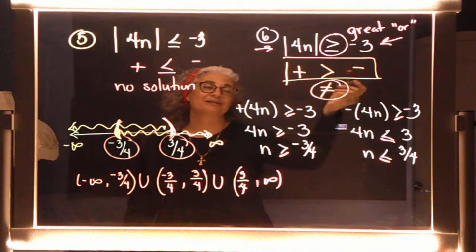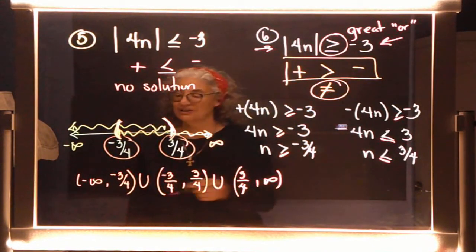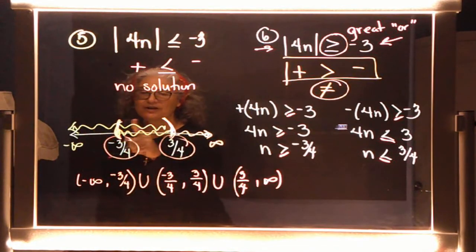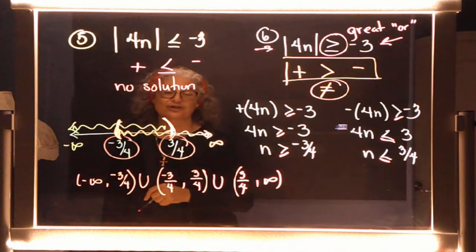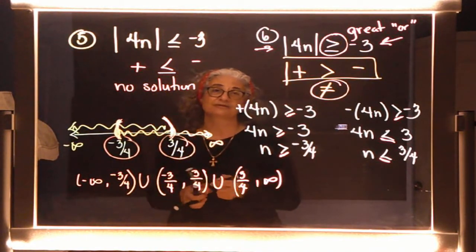And you can't have a positive equal to a negative. Can't be equal to. So in this case, I have 1, 2, 3 intervals that are shaded because these parentheses are going to knock out the negative 3/4 and the positive 3/4.